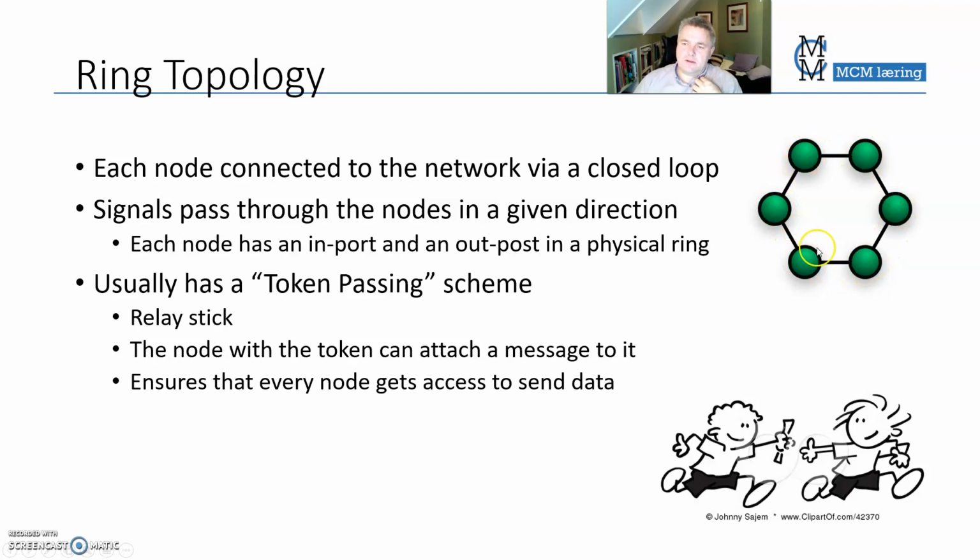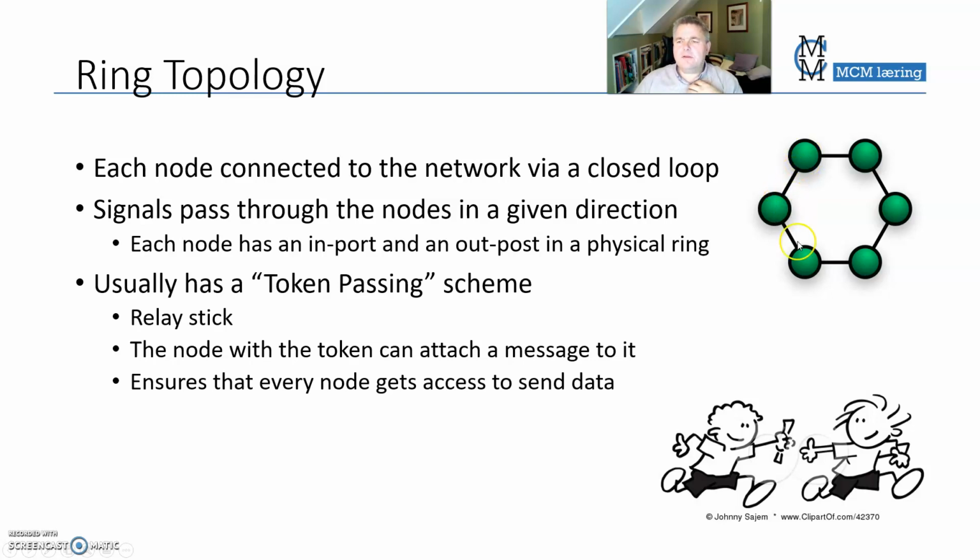So they are connected in a ring topology like this. The upside of this is that it's reliable. If the connection here is broken, well, all the computers can still reach each other by just going in another direction.